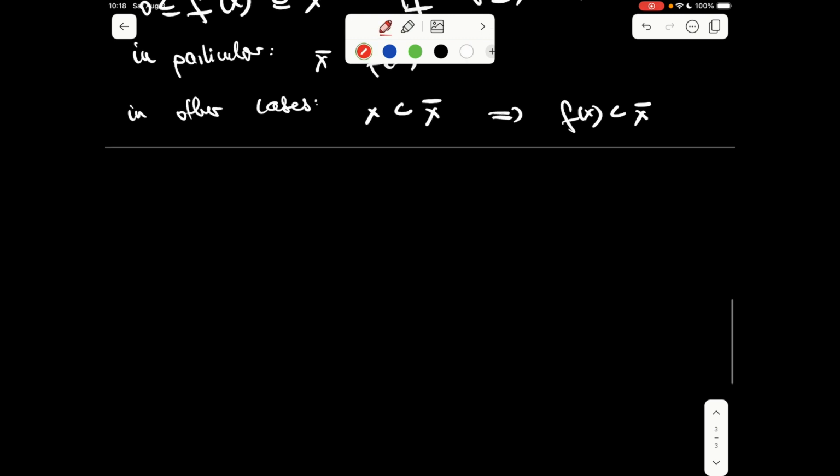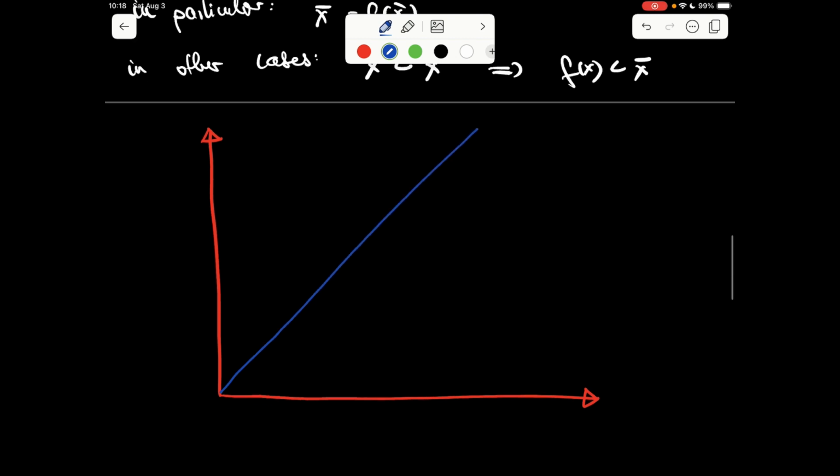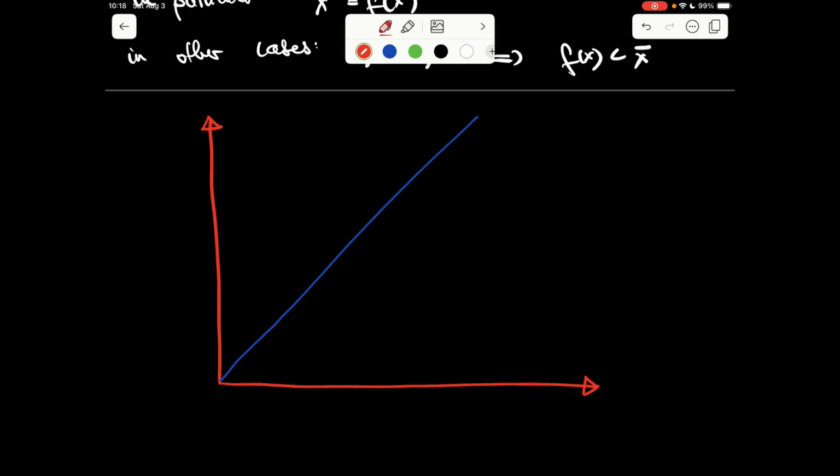So in general, the production function looks like this. Okay, so this is x, and this is the production function, strictly increasing, concave. This is f(x), and this is the level where we can find this maximum sustainable level of capital stock.